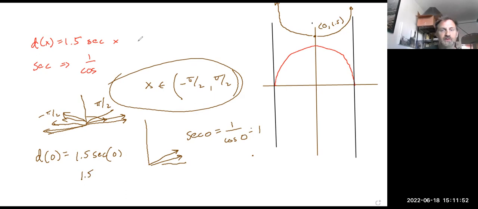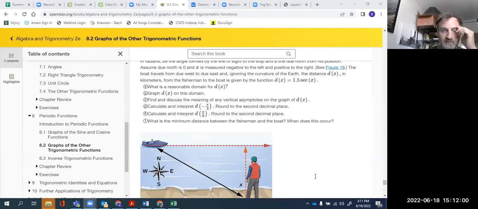Let's see what else is there. Find and discuss the meaning of vertical asymptotes, calculate d of minus pi thirds, calculate and interpret d of pi sixths, and the minimum distance. Right. Okay. So let's go ahead and do whiteboard.